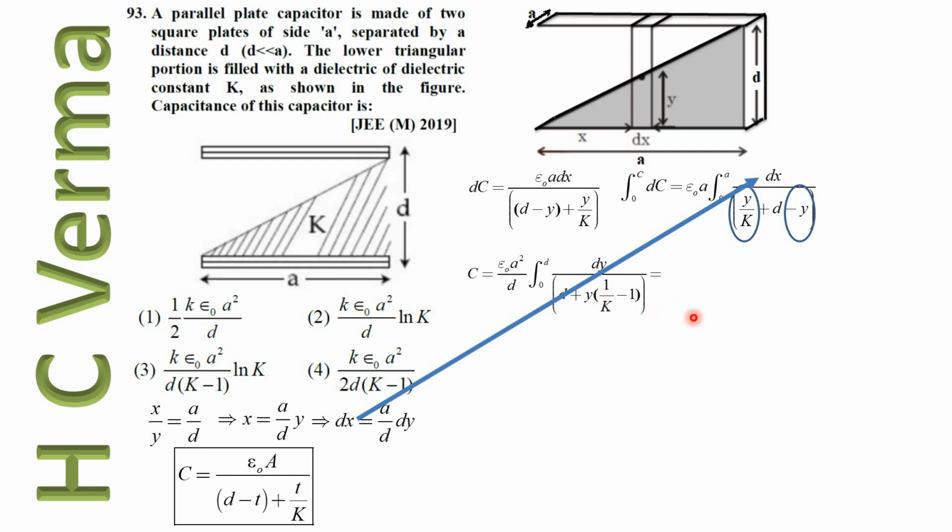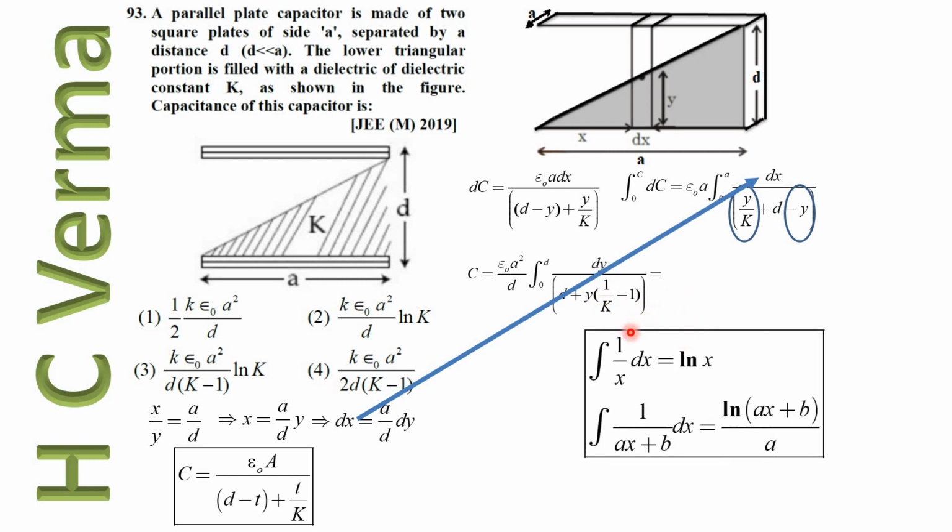Now, to integrate it, if we have the integral of 1 by x dx, you people know that it is equal to the natural log of x. But if we have ax plus b in the denominator, then in addition to the natural log of ax plus b, we have to divide by a. In fact, divide by the derivative of this part, which is equal to a.